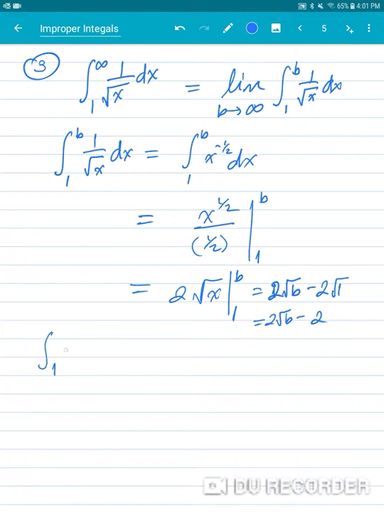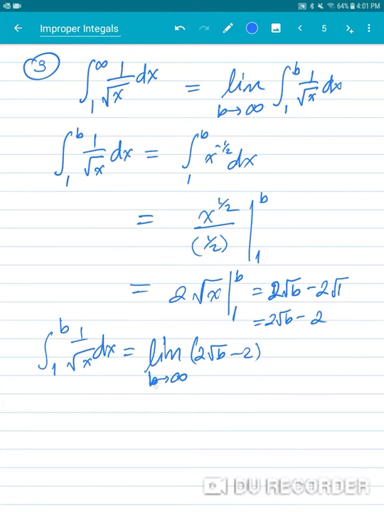So the integral from 1 to b of 1 over square root of x dx would be the limit of this expression, 2 square root of b minus 2, as b goes to infinity. When b goes to infinity, square root of b goes to infinity. Because if you put, let's say, 100 in for b, the square root of 100 is 10. If you put 1,000, then the square root is bigger.